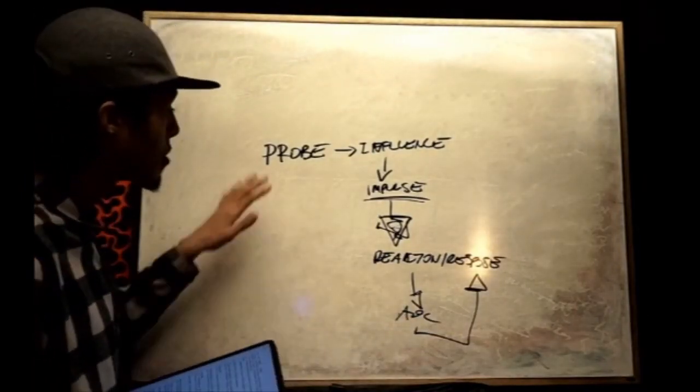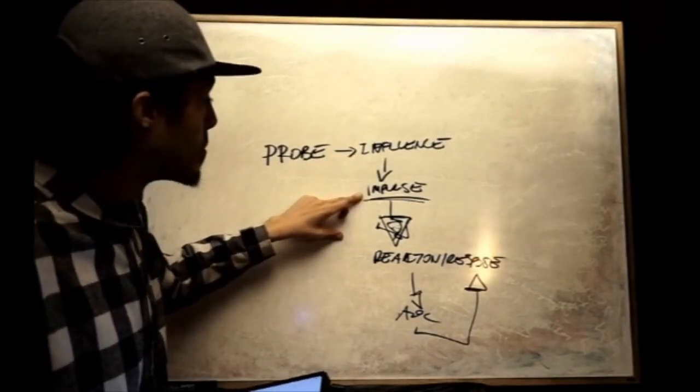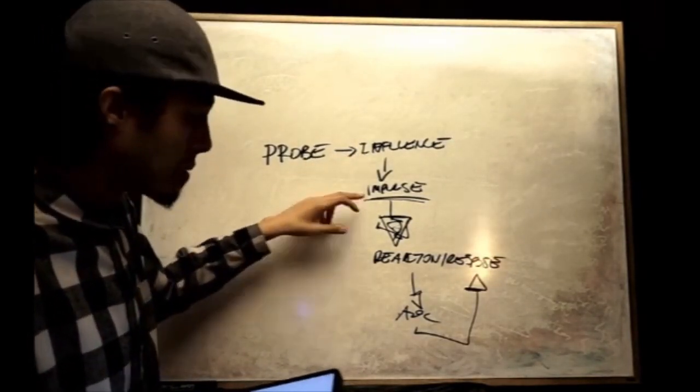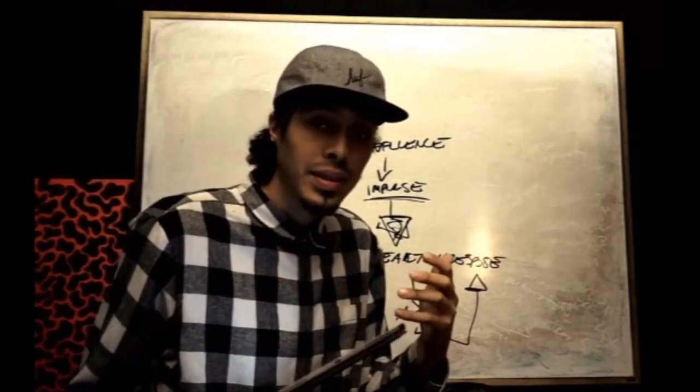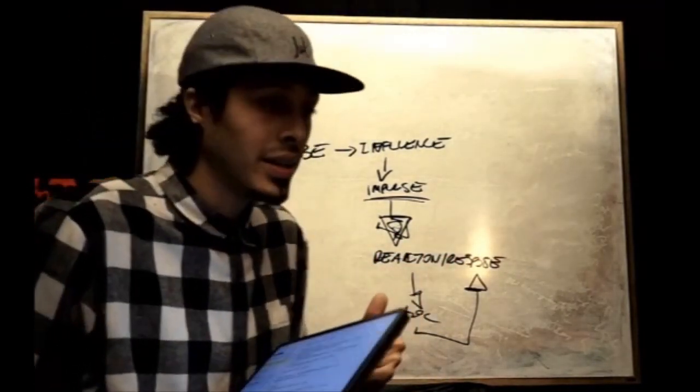So you probe, influence happens, you get an impulse. The impulse gives you some kind of perception or reaction to it. It may be vague.